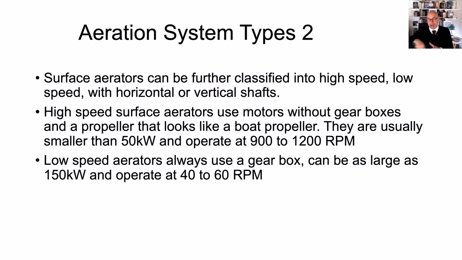There is a motor and directly a propeller, and it looks like the propeller of a boat. The low-speed ones have a motor, a gearbox to lower the RPM, and then a propeller. You cannot have a high-speed one that is too big, otherwise it is impossible, because the blade would have to be way too large. So the high-speed ones are tiny compared to the low-speed ones, which are very big.